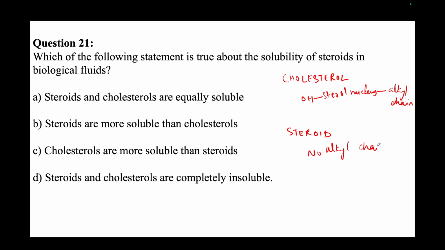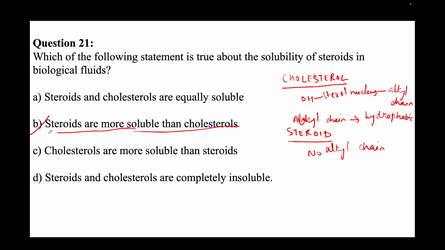And what is the alkyl chain? The alkyl chain that we have is basically hydrophobic, right? So if I remove an alkyl chain from the cholesterol, it becomes less hydrophobic. That means steroids are more soluble than cholesterols.